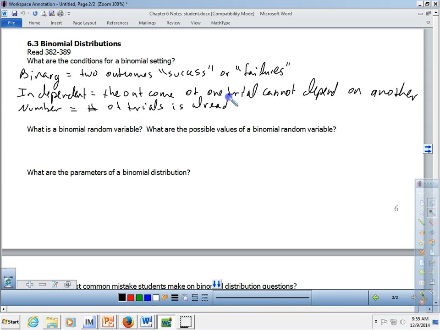So 5 flips, 5 trials, 100 babies, 100 trials. The number of trials is already known. And then the last setting is that your probability of success or failure is the same for each trial. So I'll just say the probability of success is the same for each trial.